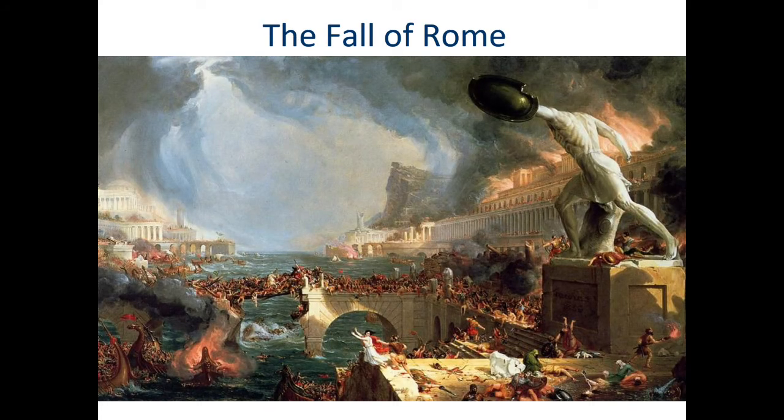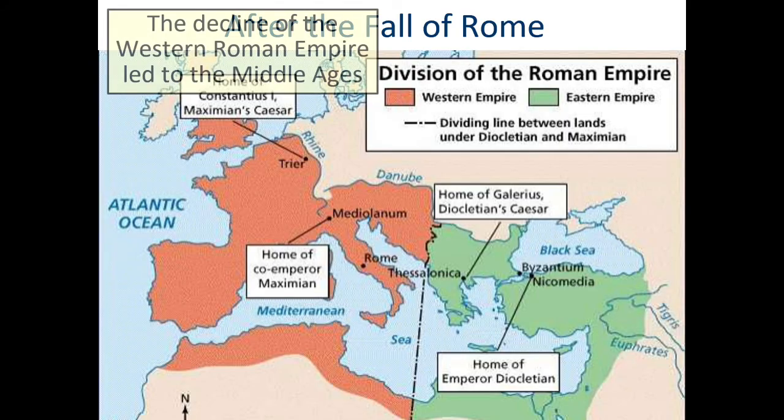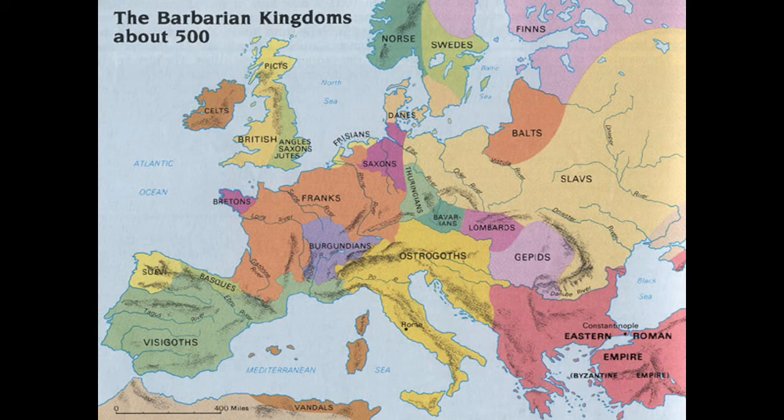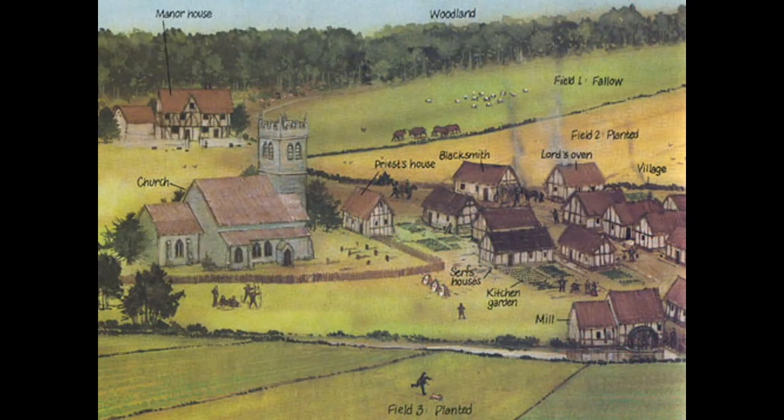Here's a great picture of the fall of Rome. After the fall of Rome, the decline of the Western Roman Empire led to the Middle Ages. You had barbarian kingdoms that dominated Europe. You had a new economic system called feudalism and manorialism.